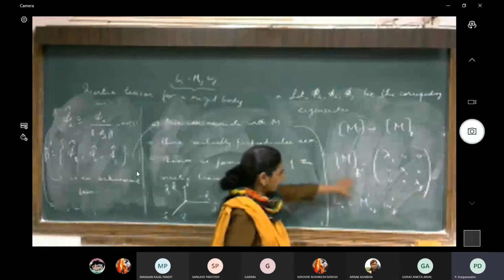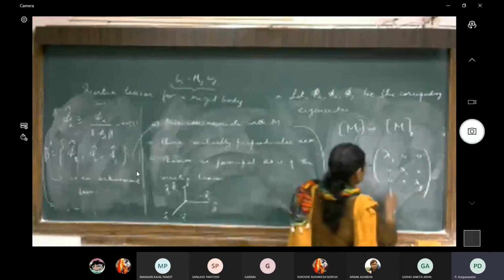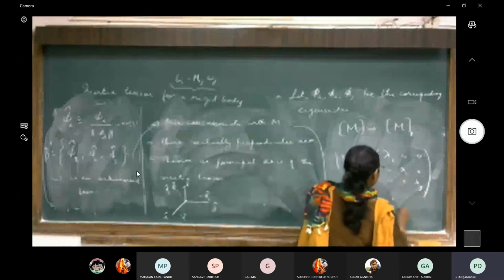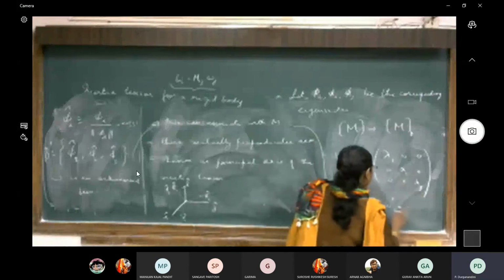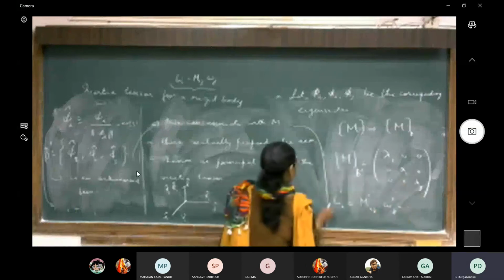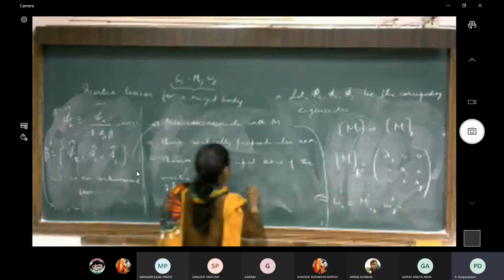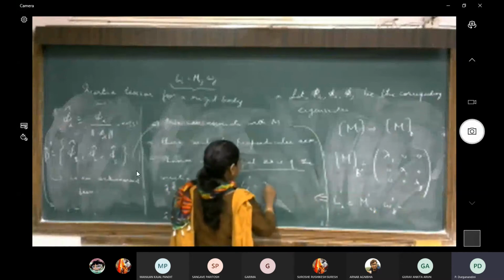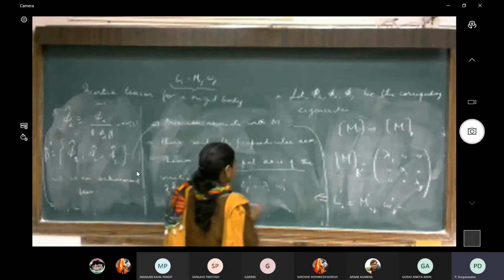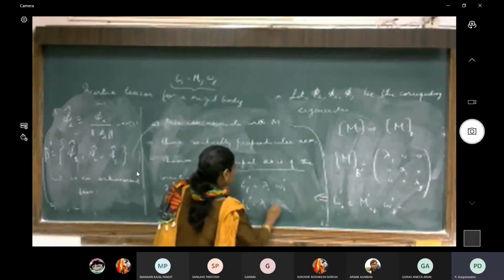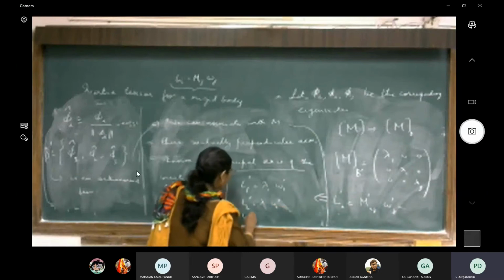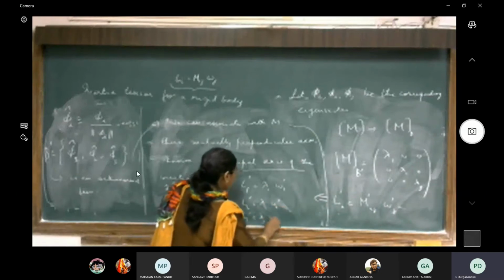But since your M prime in this basis is simply this, it simply becomes, which implies, for example, that L1 prime will be simply equal to lambda 1 omega 1 prime, L2 prime will be equal to lambda 2 omega 2 prime, and L3 prime will be equal to lambda 3 omega 3 prime.